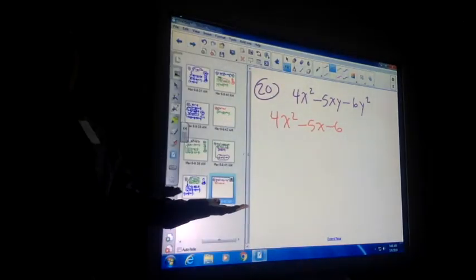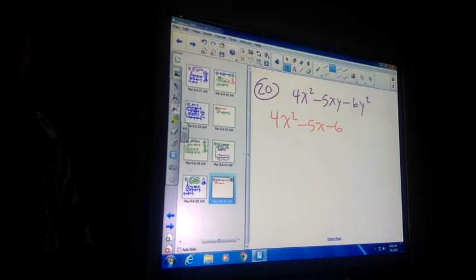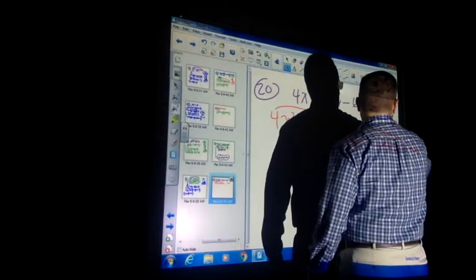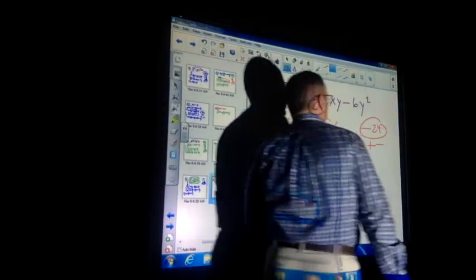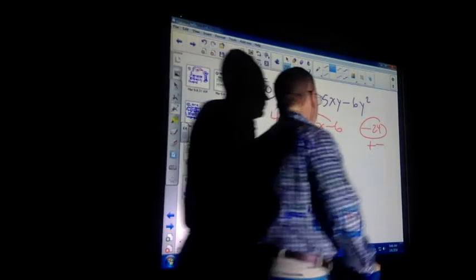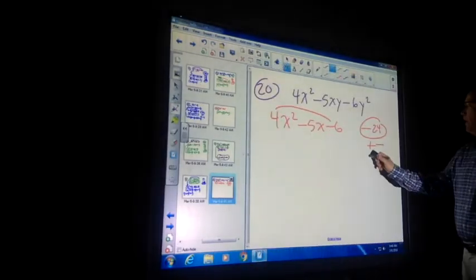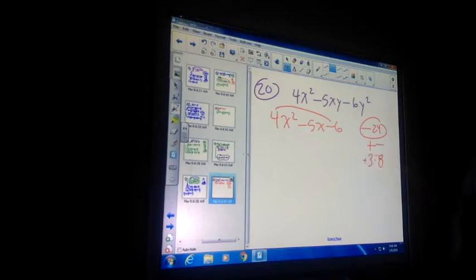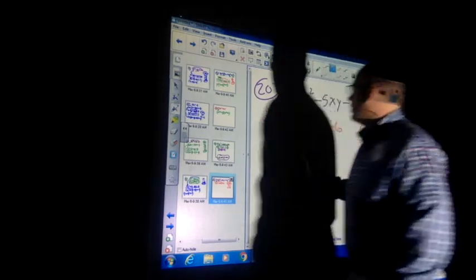Is that something we might know how to do? I think so. Let's do our magic number. We get negative 24, so I know I have alternating signs. The factors of 24, I'd go to the 3 and the 8, where you have a positive 3 and a negative 8. And then let's factor this.